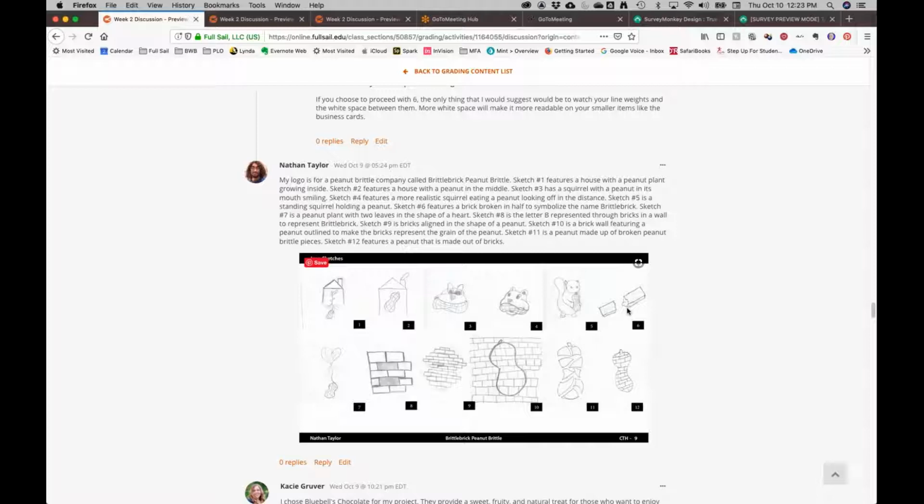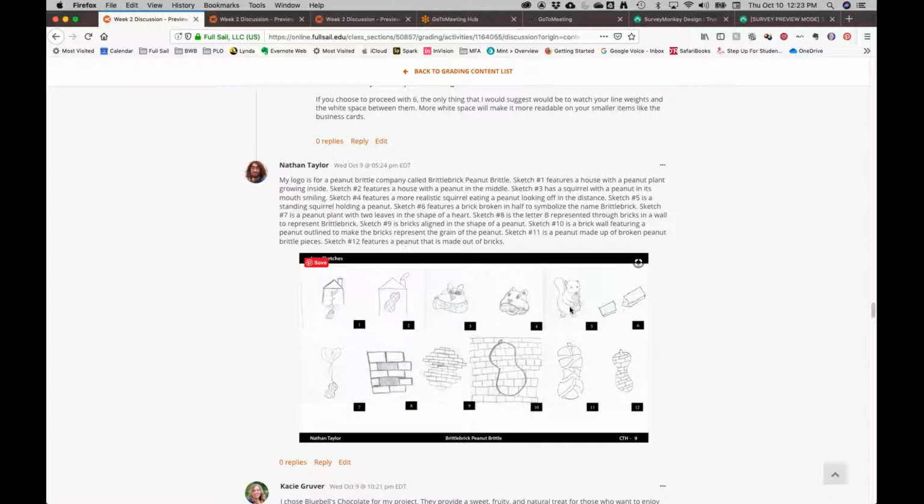Number 6, a broken brick. Peanut plant, bricks, bricks, bricks with a silhouette. Number 11 is peanut brittle in the shape of a peanut, and number 12 is bricks in the shape of a peanut. All right, I like the squirrel.